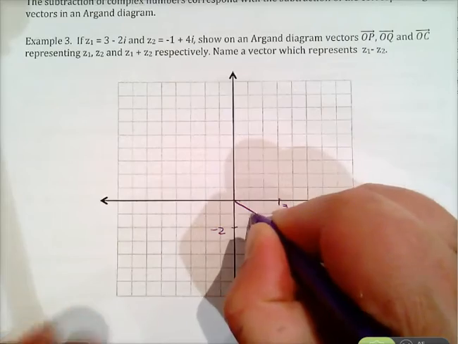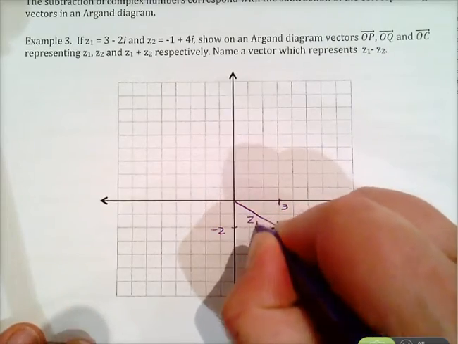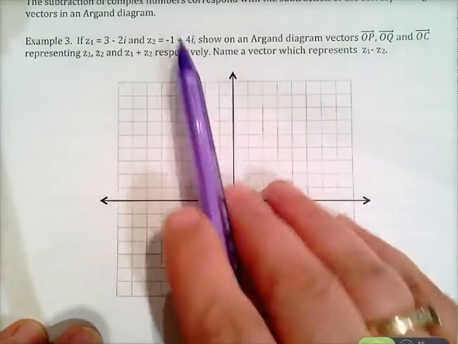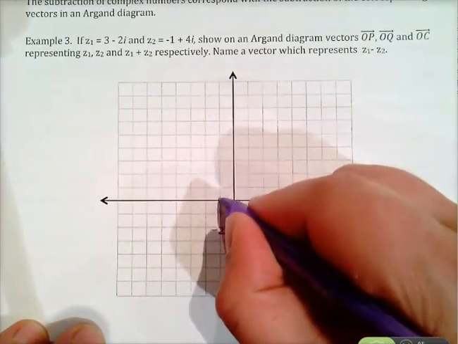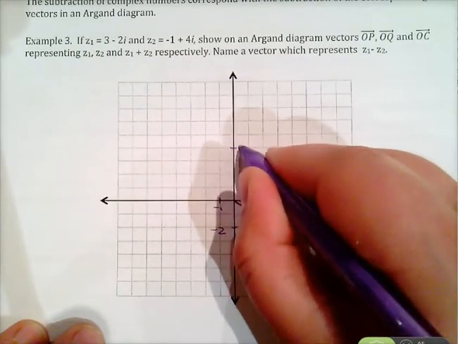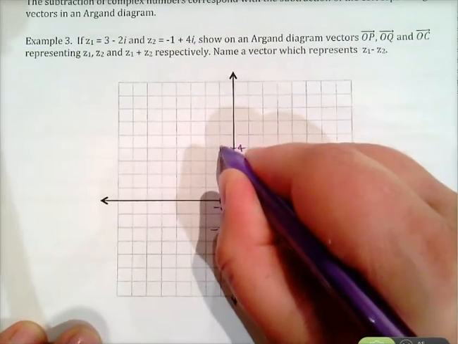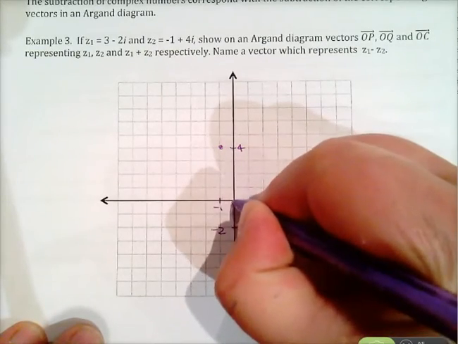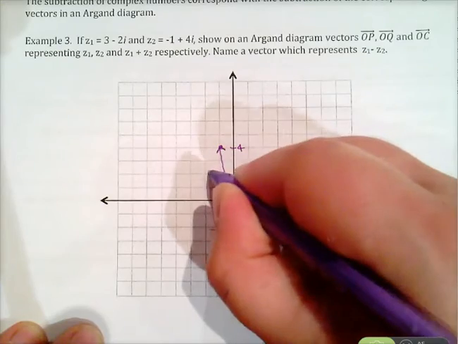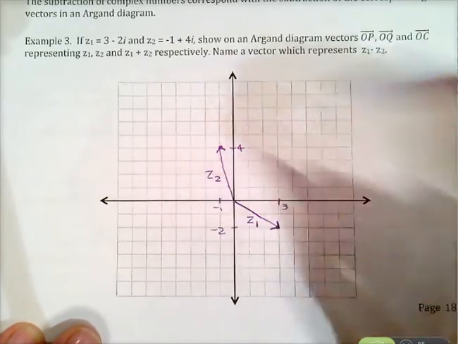So that's Z1. And if Z2 is negative 1 plus 4i, that would be this vector here, so Z2, okay?